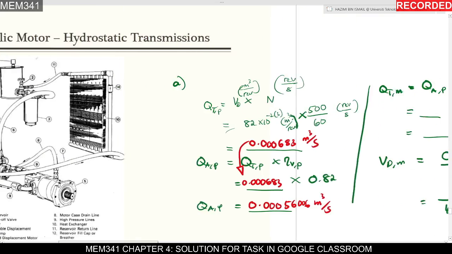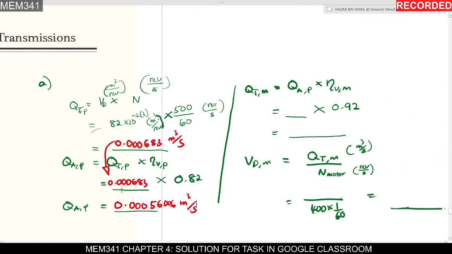And then QA for the pump, you get this value and substitute here, 0.00056006. Then you will get 0.000515 meter cube per second for the flow rate of the motor.